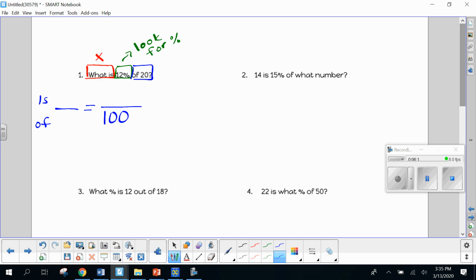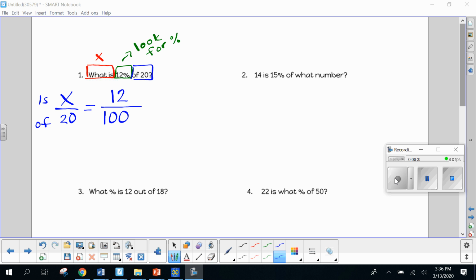Okay? So we're always going to look for the percentage. And my percentage here is 12. Of is going to be down in the bottom, so I'm going to put a 20. And what is, remember, we're looking for the word attached to it, so is going to be the top piece.